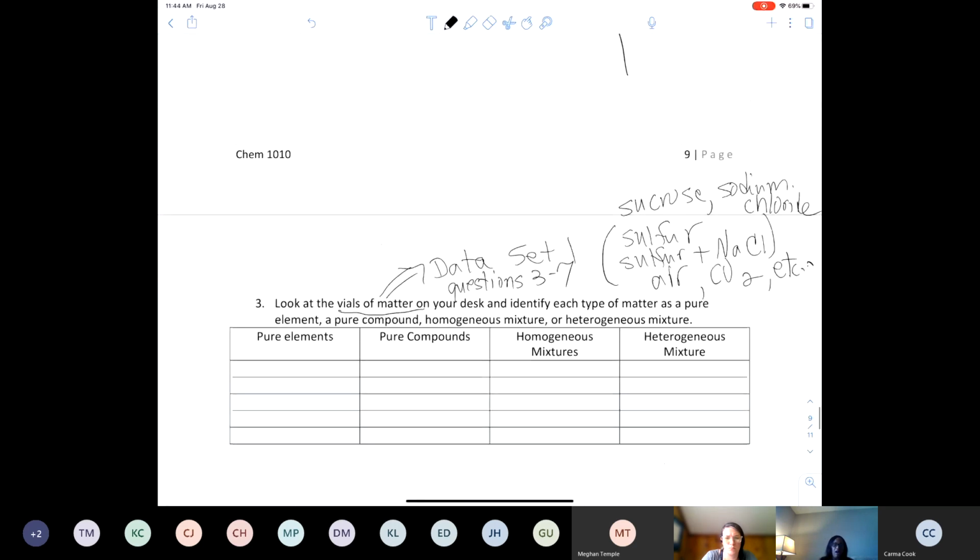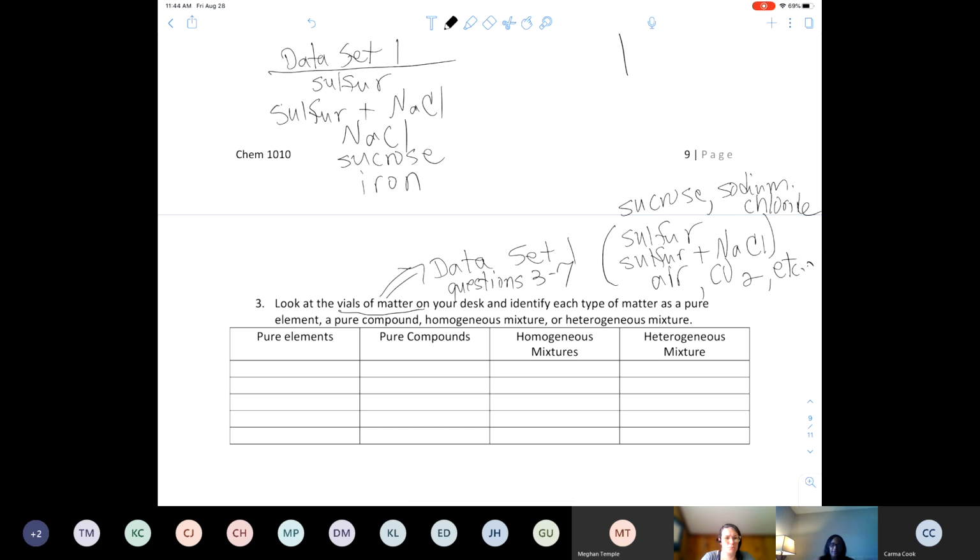So I'm going to list all of the substances from data set 1. We had sulfur. You had sulfur plus sodium chloride. You had sodium chloride. You had sucrose and iron.